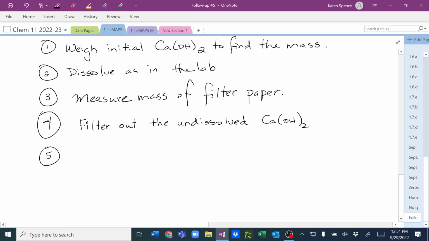We have poured it through the filter. What next?